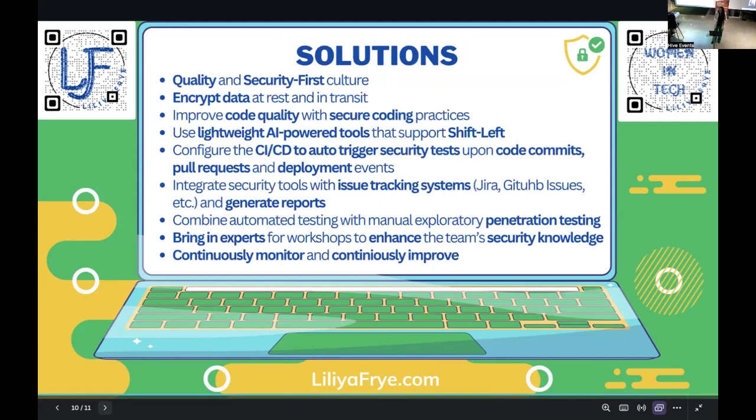So here are the solutions. If you're a tech leader in the organization, you have to think about creating a culture of quality and security first. Which means you constantly reiterate in meetings or create presentations or talks and get everybody involved. It's not just the security team or DevOps or DevSecOps team.